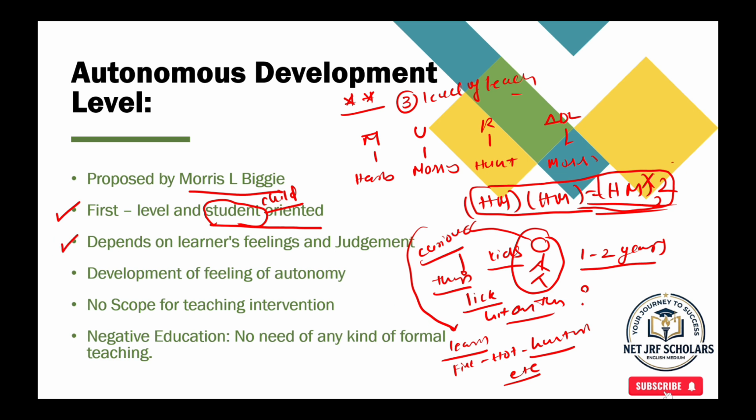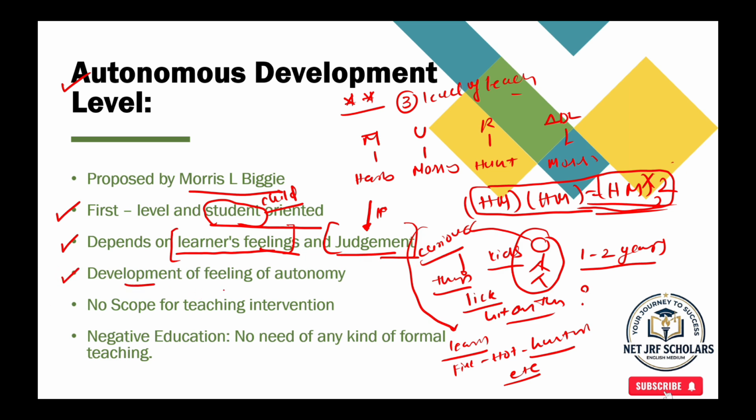The learning completely depends on the learner's feelings and judgments, and they are also afraid of some people because of their feelings and judgments. If you hurt them, they start crying when you approach close to them. This is the reason, as they are following the autonomous development level of learning: the feeling says that they may be hurt again, and they come to a judgment that he is going to hurt. So they are in the process of learning.